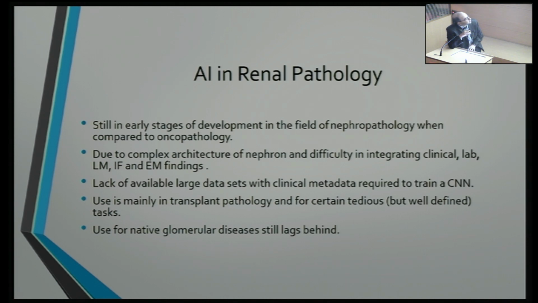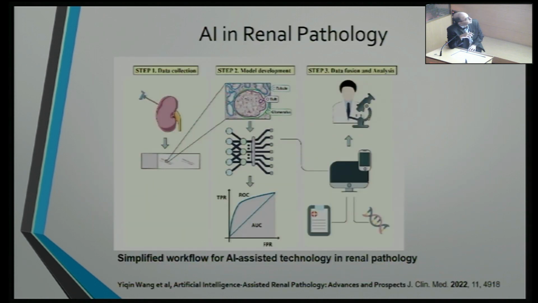Another reason could be that the large data set with clinical metadata required to train complex neural networks in this AI is still lacking. This is just a simplified photograph of how they actually develop these prediction models. The first step usually is data collection.